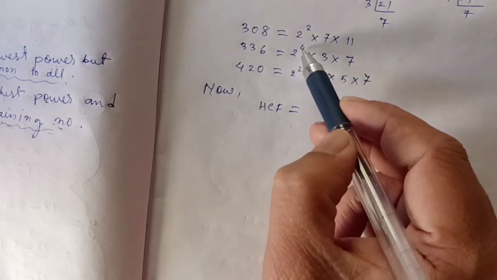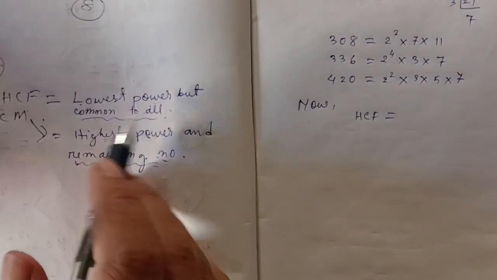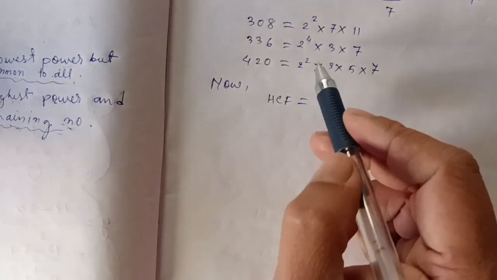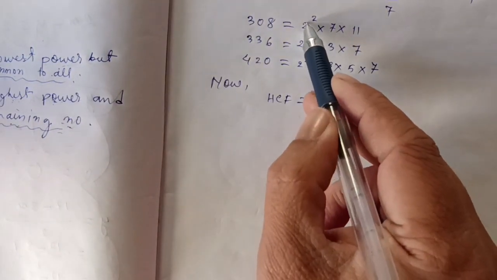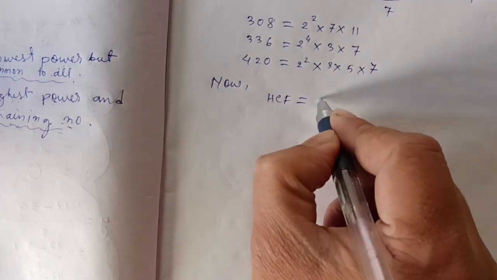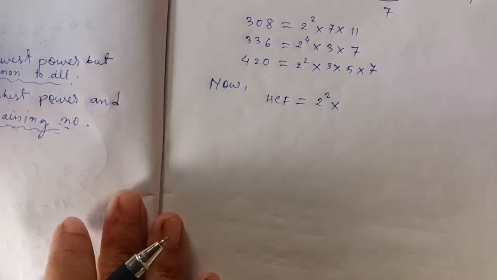Here 2 has power 2, here 2 has power 4, here 2 has power 2. For HCF, we should select the lowest power. That is why we can clearly know that the lowest power is 2, so the lowest power is 2 squared.